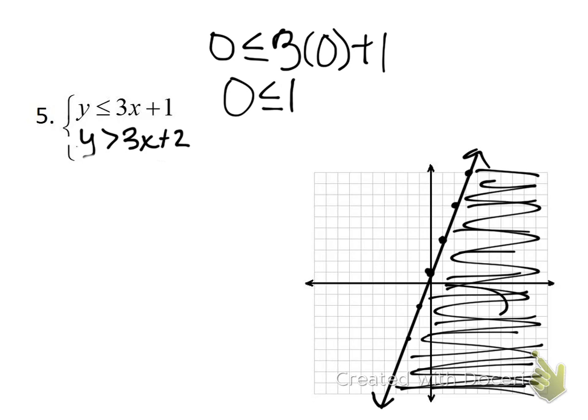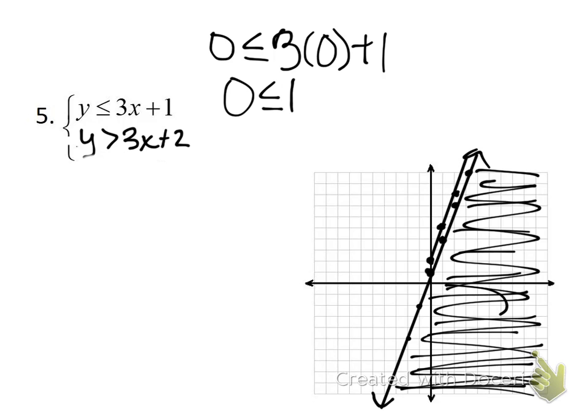Sadia. Okay, go to 2 on the y-axis, positive 2. Up to 2. And then you go up 3 to the right one, or down 3 to the left one. Now these lines are awfully close together.